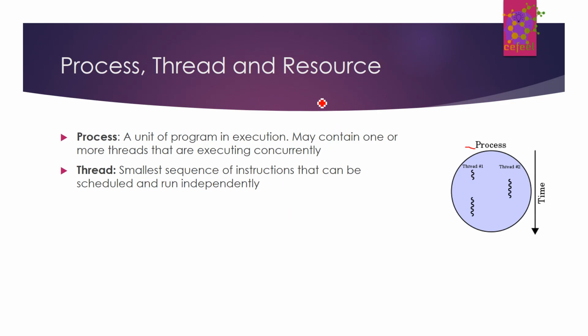Let's say we have a process here. Let's say I have a video player. Now one of the tasks of the video player could be to display the video on the screen. Another task could be to broadcast to the audio device so that we can hear the audio. So we can say there are multiple threads, one thread displaying the video aspects of it, and another thread doing the audio aspects of it.